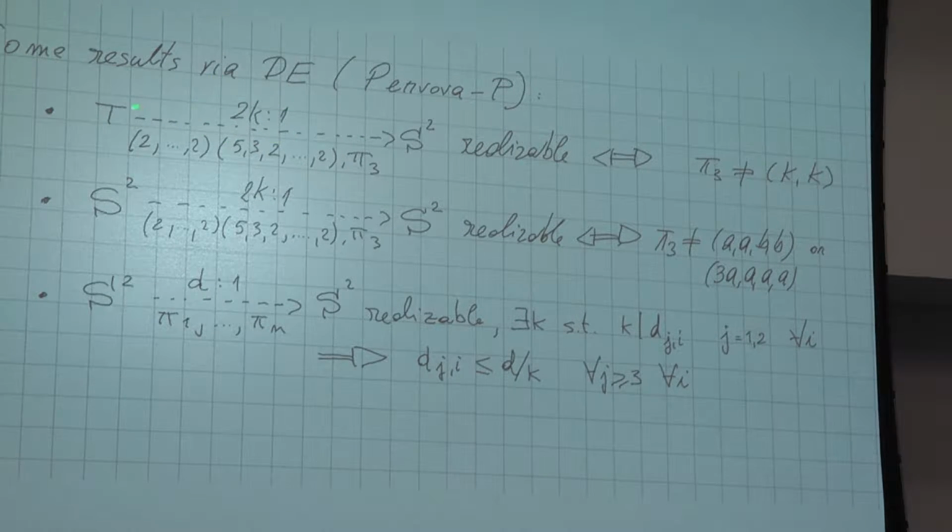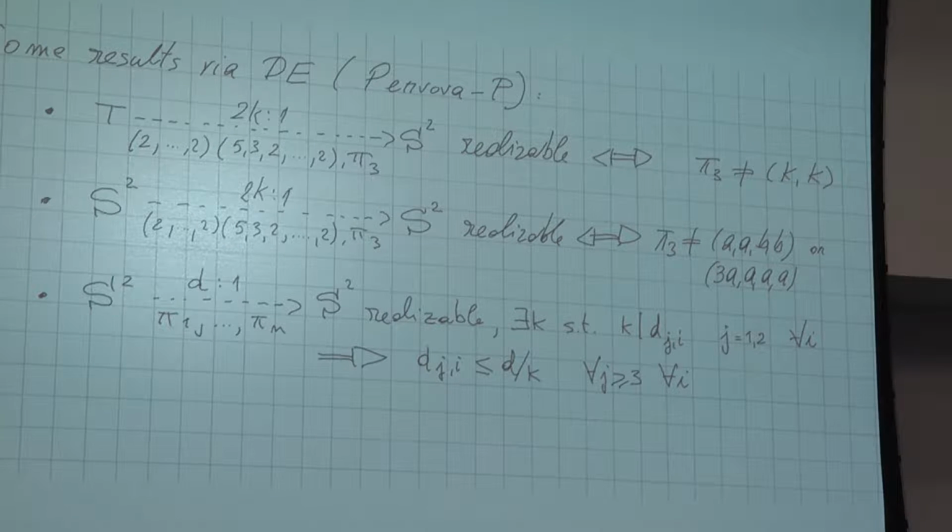So if you want to cover the sphere by the torus with an even degree branched cover with partitions 2, 2, 2 and then some other one, this is going to be always realizable except if the third partition is of the form k, k. So this is an exception. And similarly, if you want to cover the two-sphere by the two-sphere with even degree, partitions 2, 2, 2, etc., and a third partition, then again we know exactly when this is exceptional. It's exceptional if pi 3 is a, a, b, b or 3a, a, a, a.